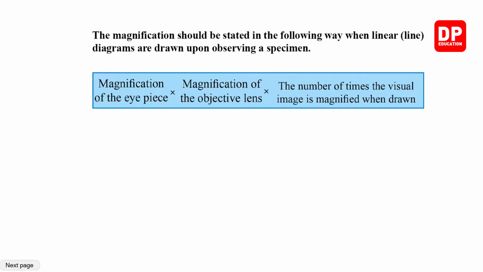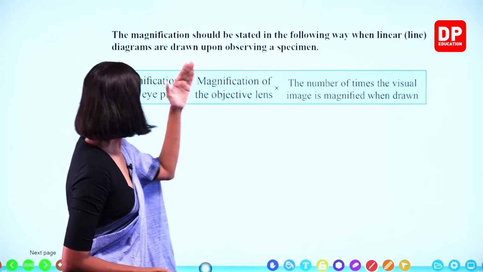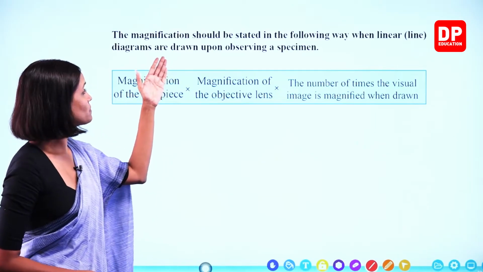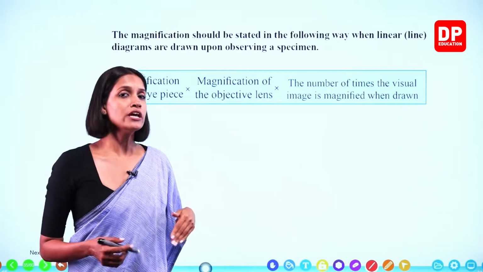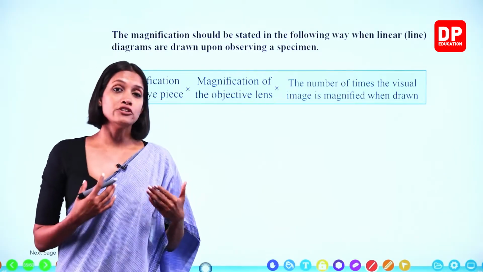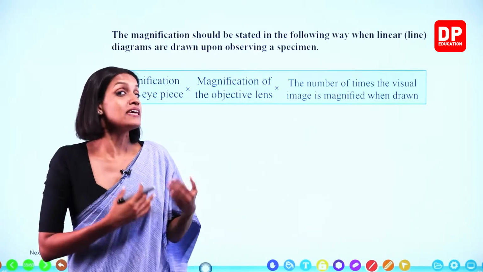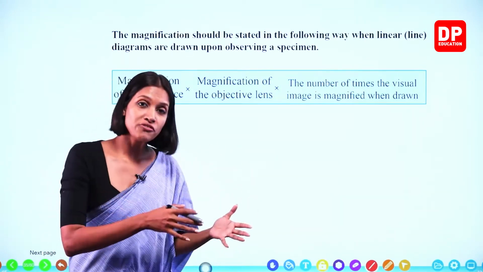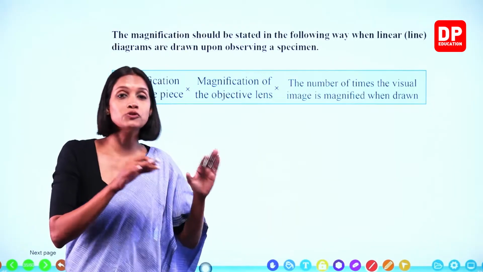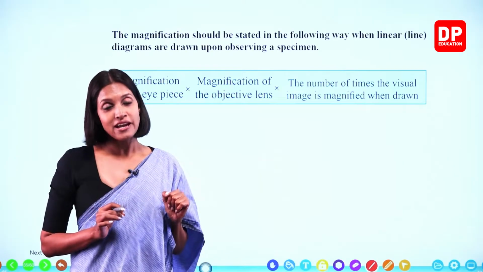The magnification should be stated in the following way when linear or line diagrams are drawn upon observing a specimen. Now, do you remember I told you all, if you are going to do biological science for your A-levels, then you have to draw the line diagram of the specimen while looking through the microscope. Right, children?